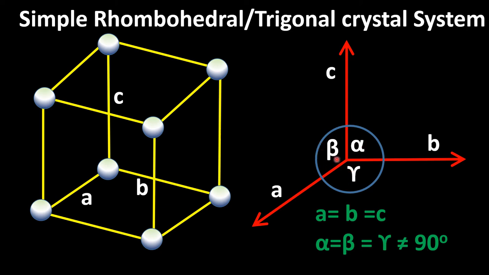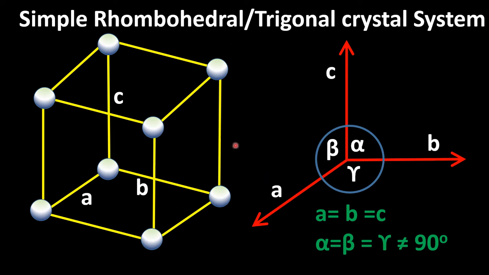Angle alpha is equal to angle beta, but angle gamma is larger than alpha and beta. So these angles are not equal to 90 degrees. So alpha is equal to beta is equal to gamma, not equal to 90 degrees. These are different than 90 degrees.